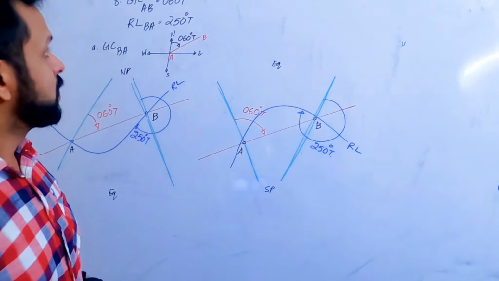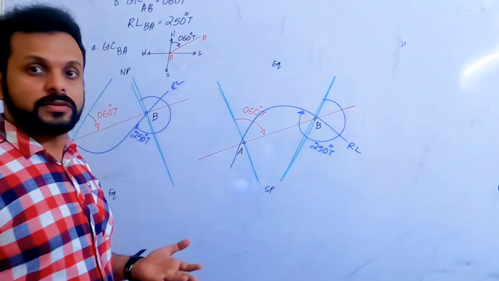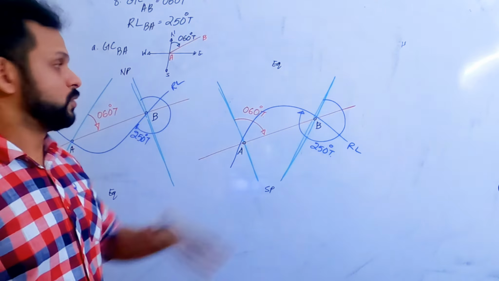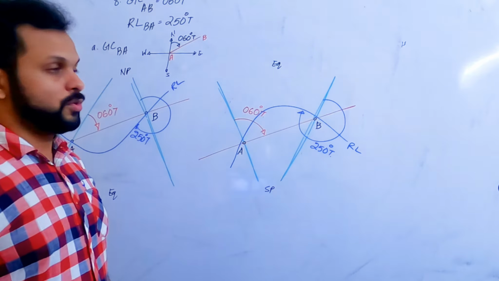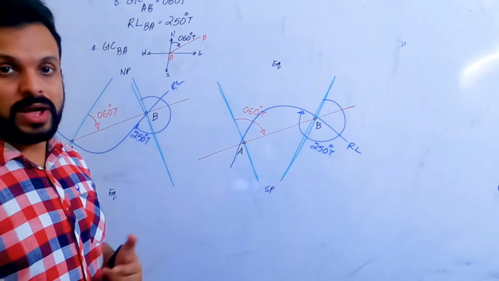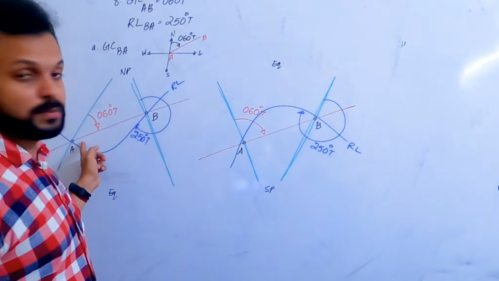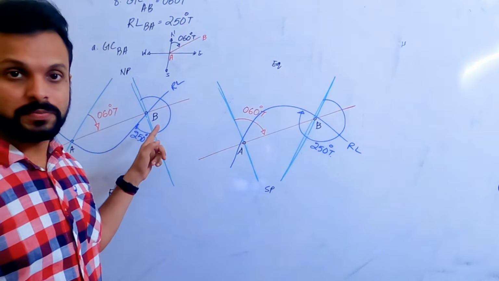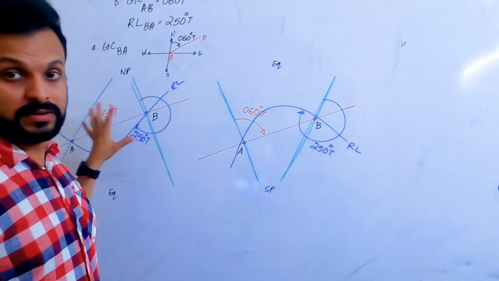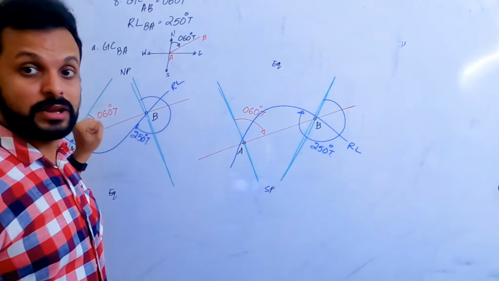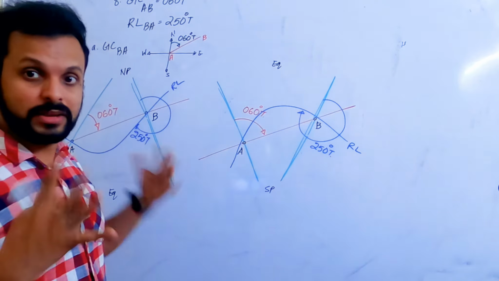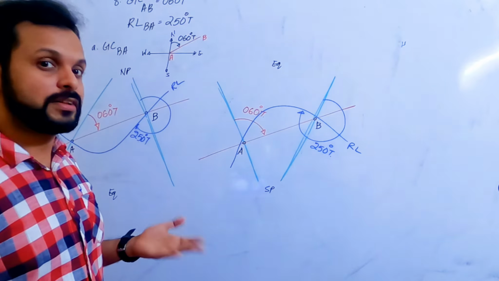Now, the whole idea is you find it difficult to compare these two angles primarily because one angle is at point A and the other angle is at point B. If you can take the rhumb line track back to point A, then you have two angles at the same point, and you will be able to compare and identify the hemispheres.